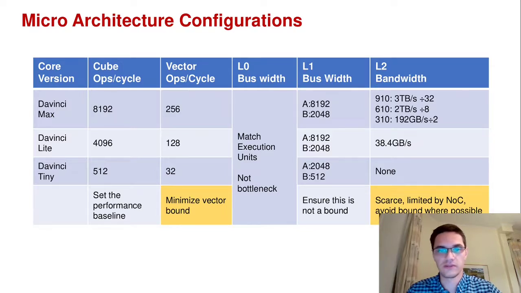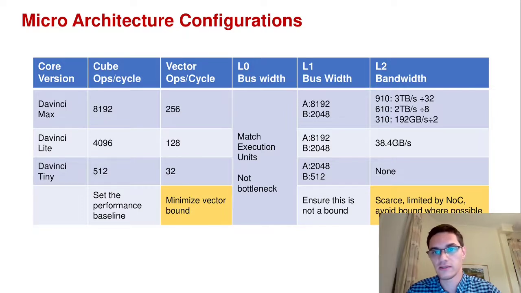One thing that varies between the chips is, if you take a look at the DaVinci Max sub-flavors, which are 310, 610, and 910, you can see that there is a different number of cores and different bandwidth, which corresponds to the cores.